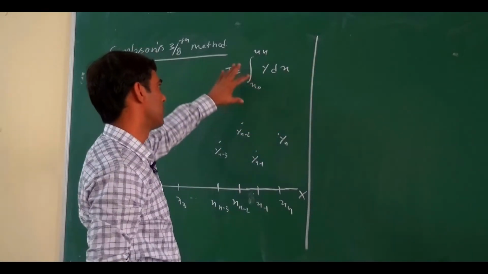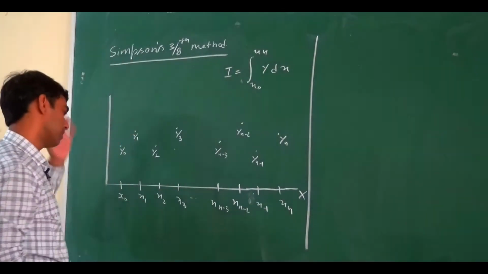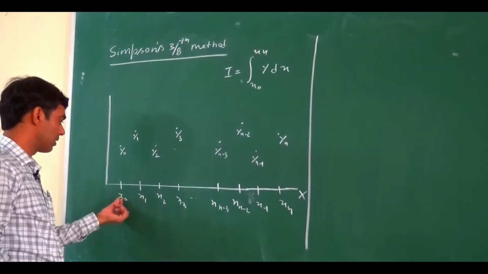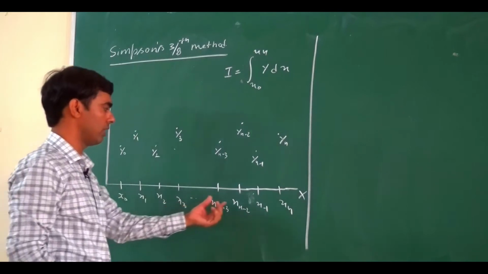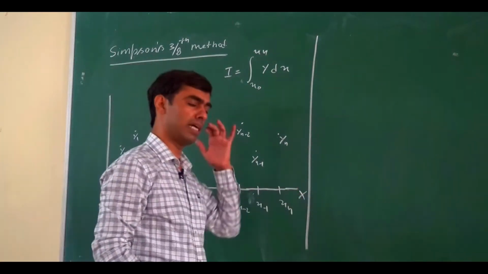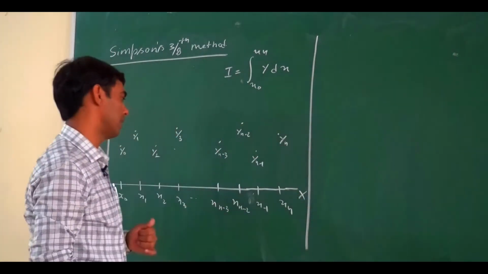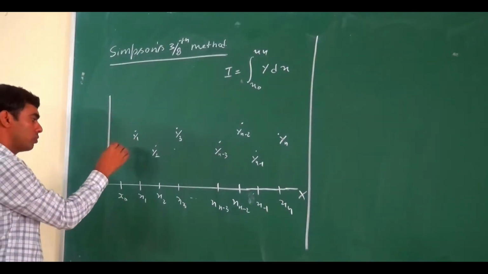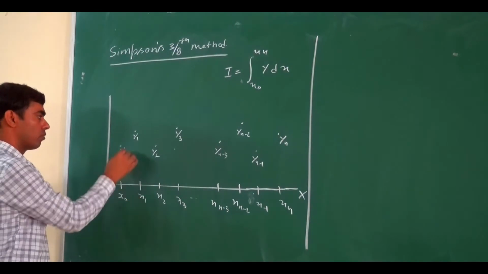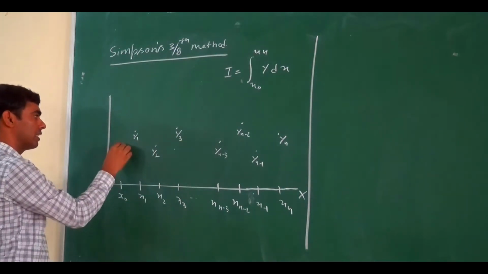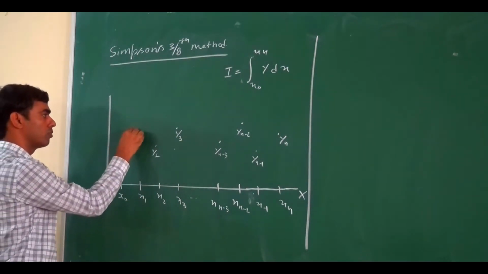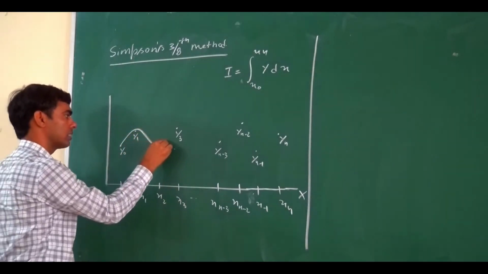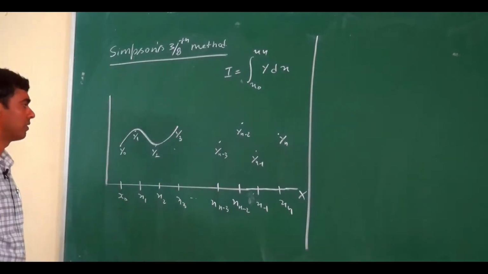We divide this into groups: x0 to x3, x3 to x6, x6 to x9, x9 to x12, like this. Then we approximate a polynomial between y0 and y3. What is the degree of the polynomial? It is a polynomial of degree 3.